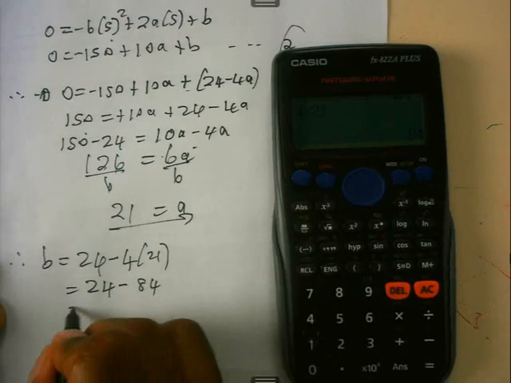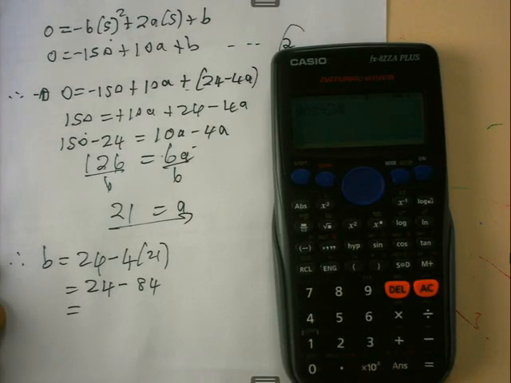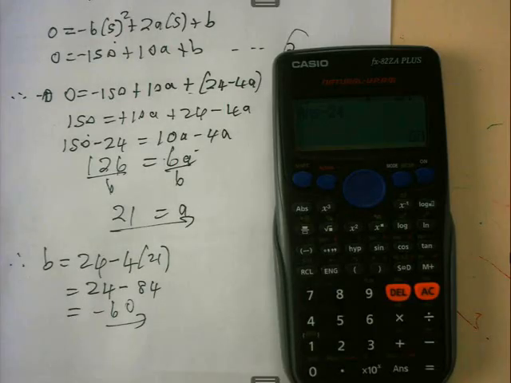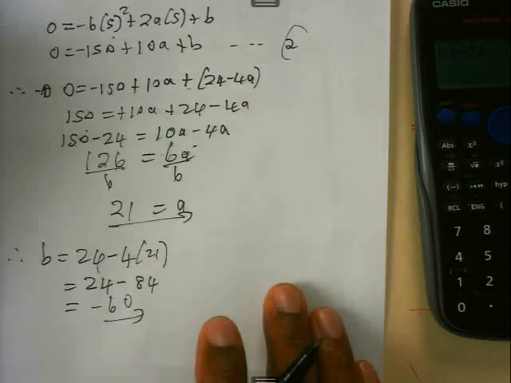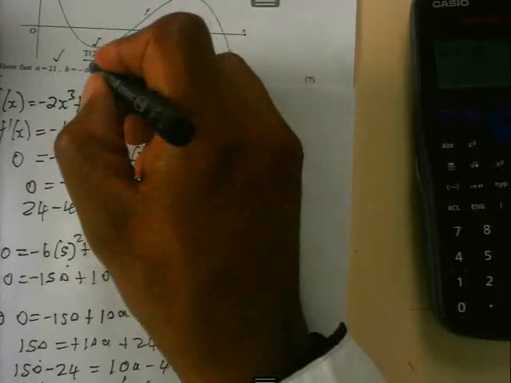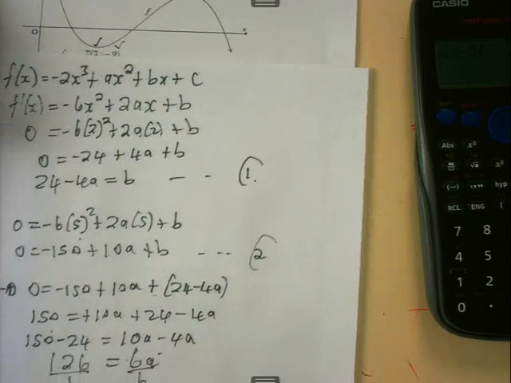From this you can say 24 minus 84, then the answer is minus 60. And boys and girls, if we check this one as well, we can see we have the value of b as minus 60. Now we are left with c.